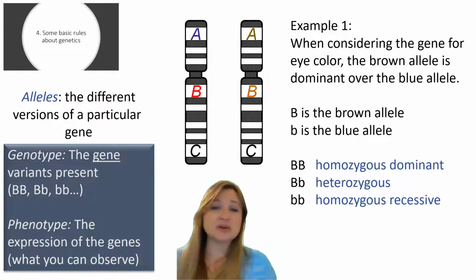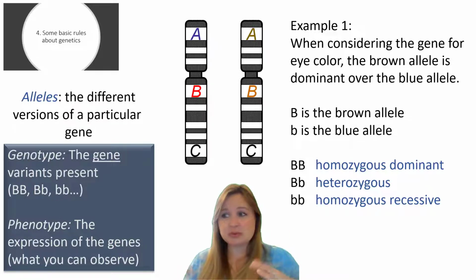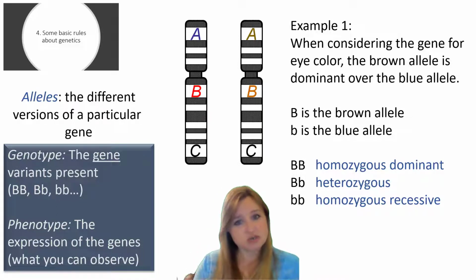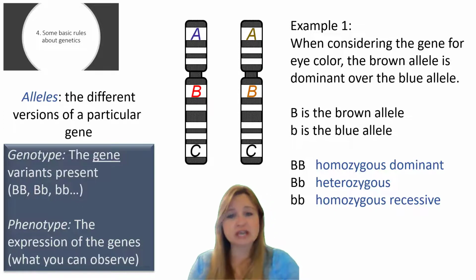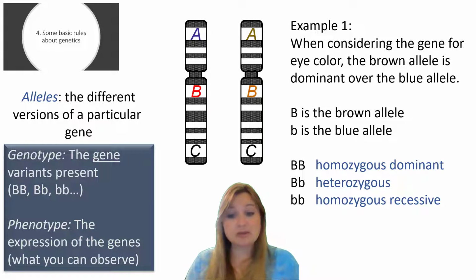Now, there are 2 other important terms that are related to this, and that's genotype and phenotype, because our genes are going to be expressed, and that's what we can see, right? So when we're talking about homozygous dominant, big B, big B, we call that the genotype. The genotype is the type of gene version that they have. So big B, little b, that's their genotype.